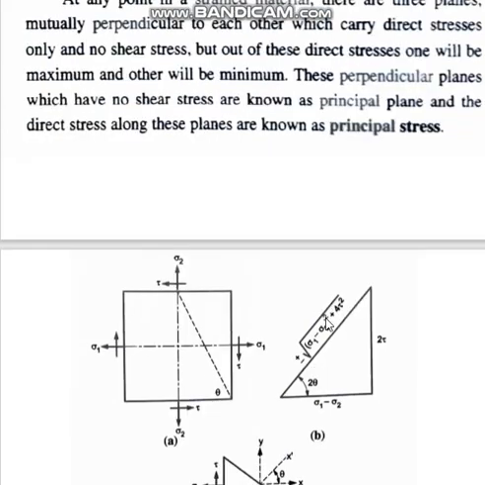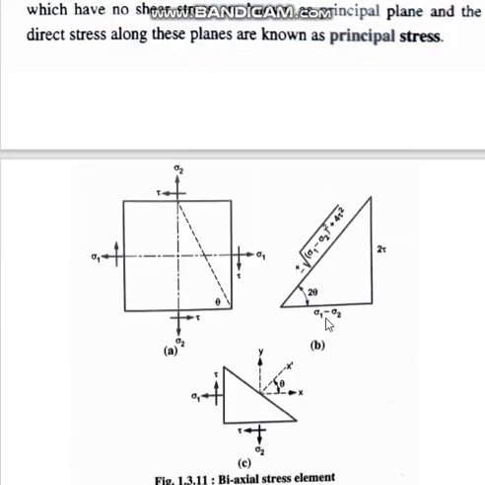In short, where many stresses are coming, we resolve them and find one particular plane, inclined at theta degrees, on which only direct stresses are present and no shear stress.